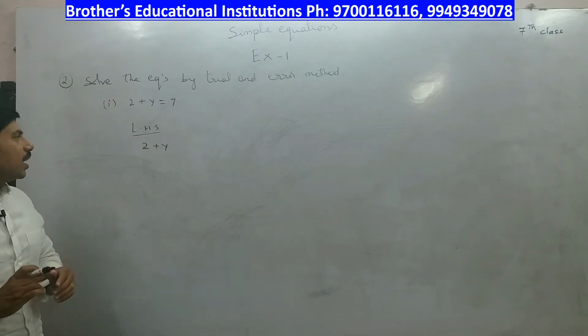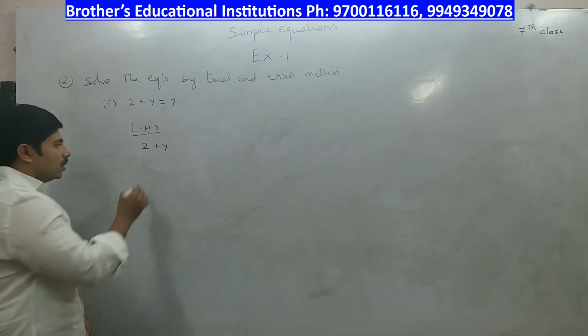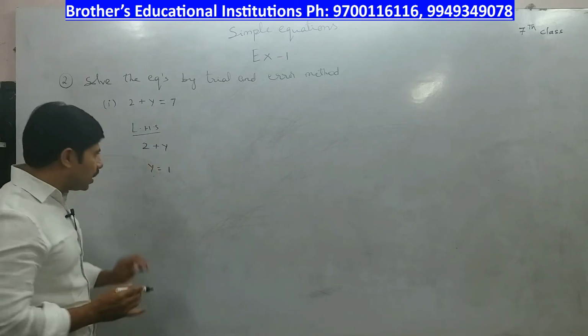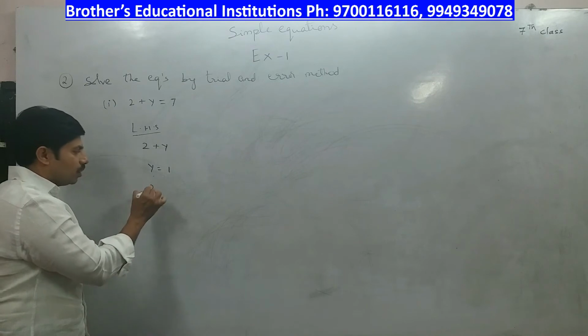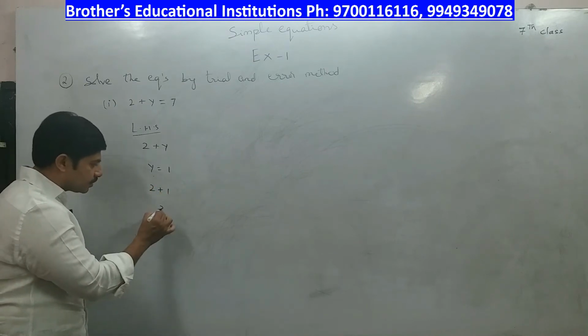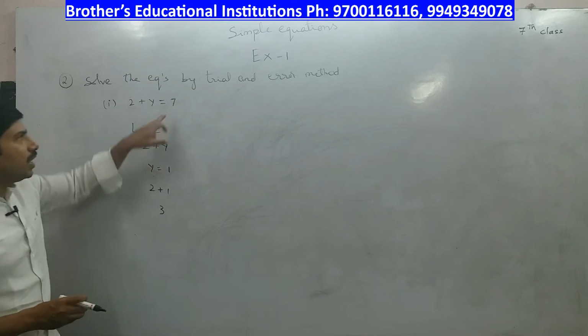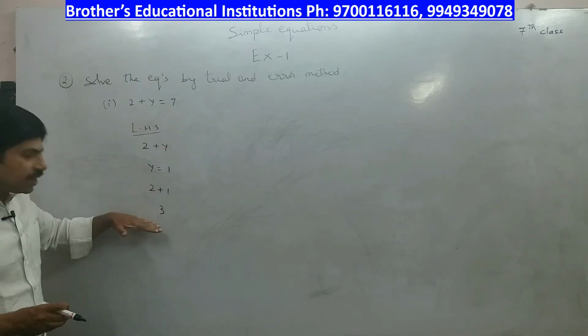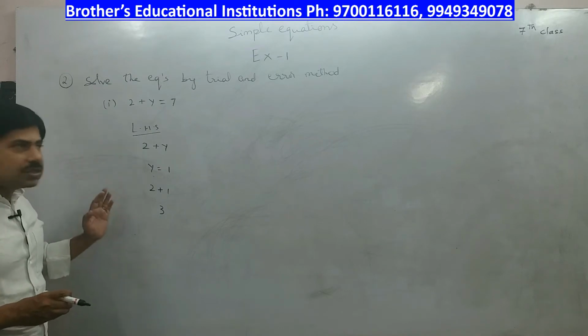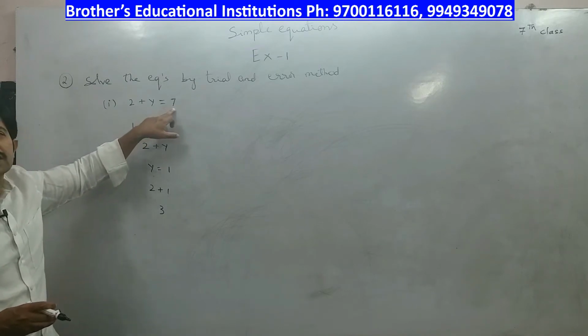I will assume the value of y as 1. Substituting it instead of y, 2 plus 1 is 3. But in RHS we have 7, so this is an error. We go on substituting values till we get RHS, that is 7.